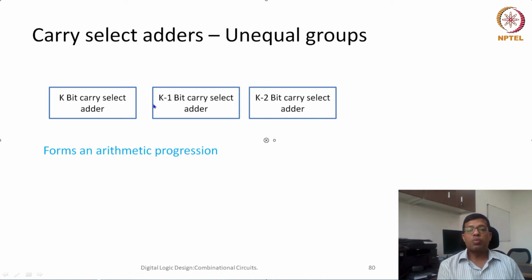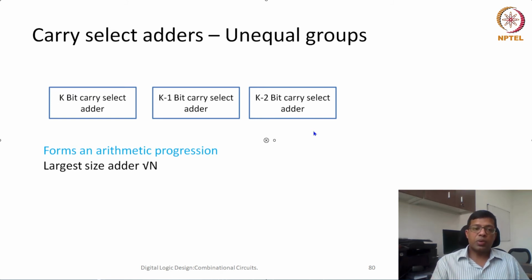So that's why it forms sort of an arithmetic progression. If it is an arithmetic progression, it also means that if the total addition is for n bits, the largest k value would be equal to the ceiling of the square root of n.